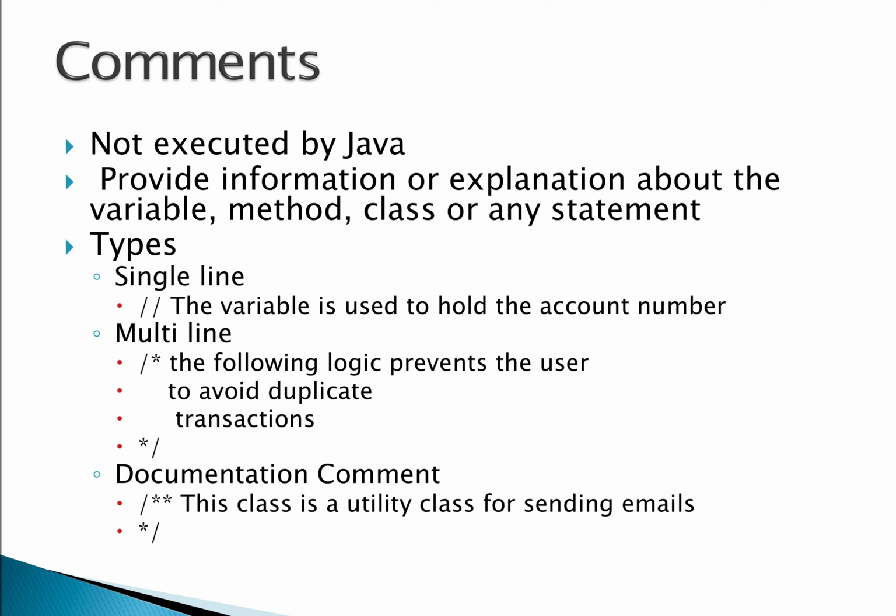If there are any third-party tools outside which scan your source code, they can read the documentation comment and prepare an HTML report out of it. So as you write programs, you can also give documentation for your programs, and any third-party tool can read it and prepare the documentation for the code.